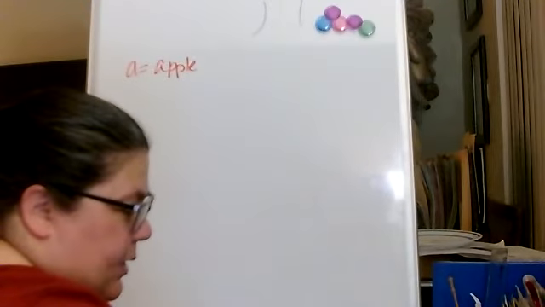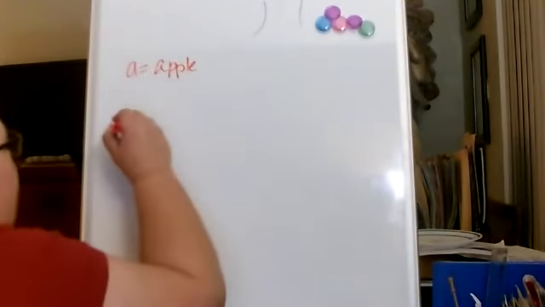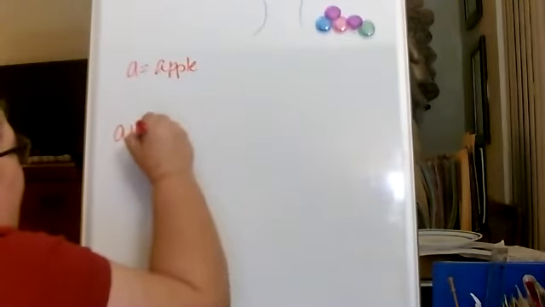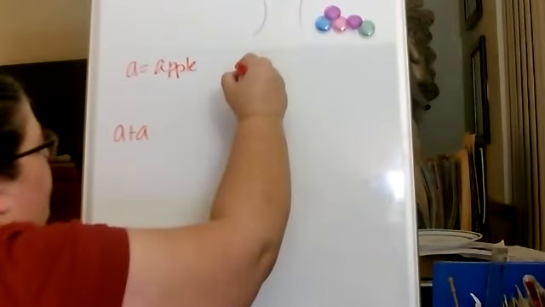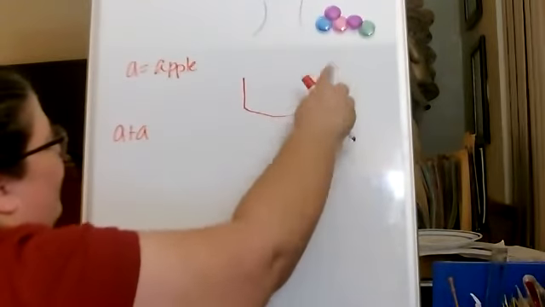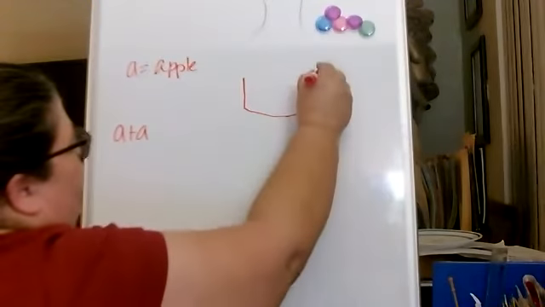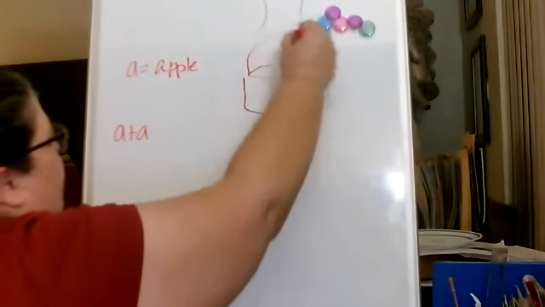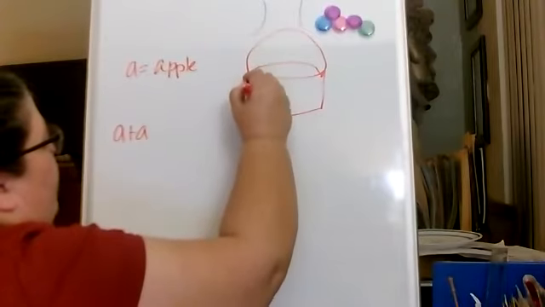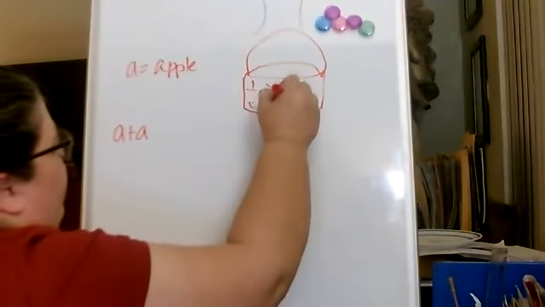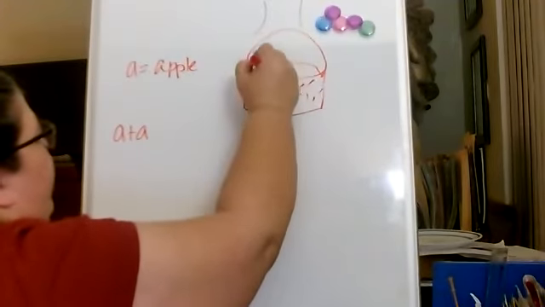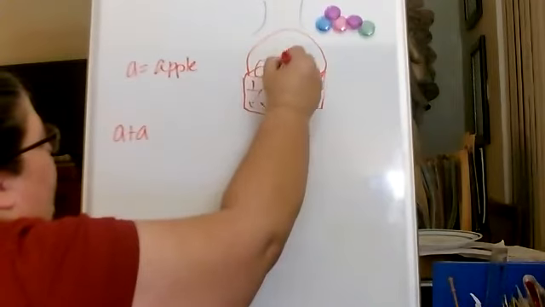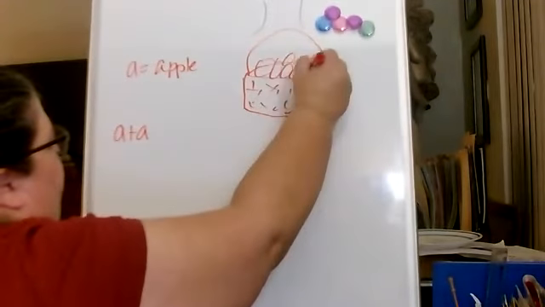We could express this as A plus A, if we had, let's see here, see how my drawing skills are. Basket, crosshatch, crosshatch, crosshatch, and then apples. Apple, apple, apple, apple, apple, apple, apple, apple.